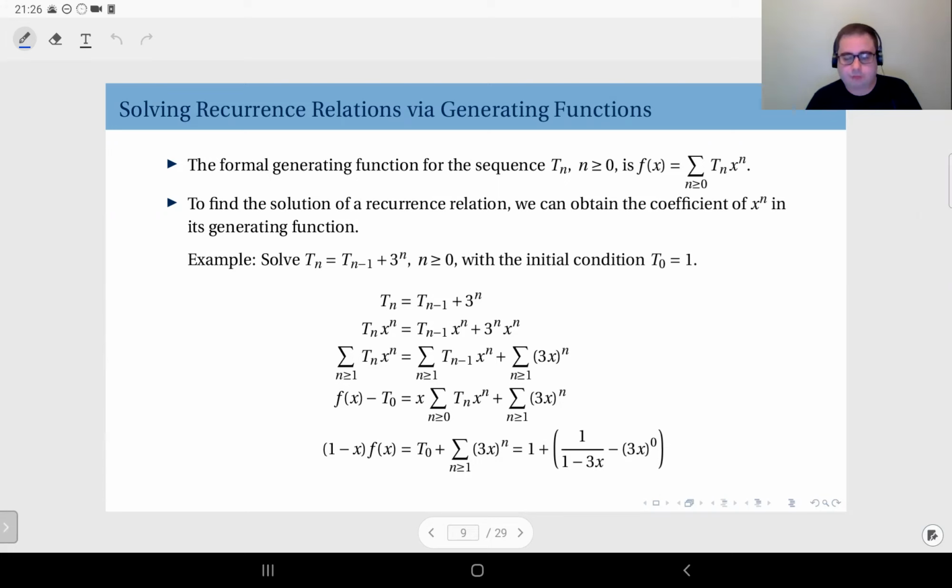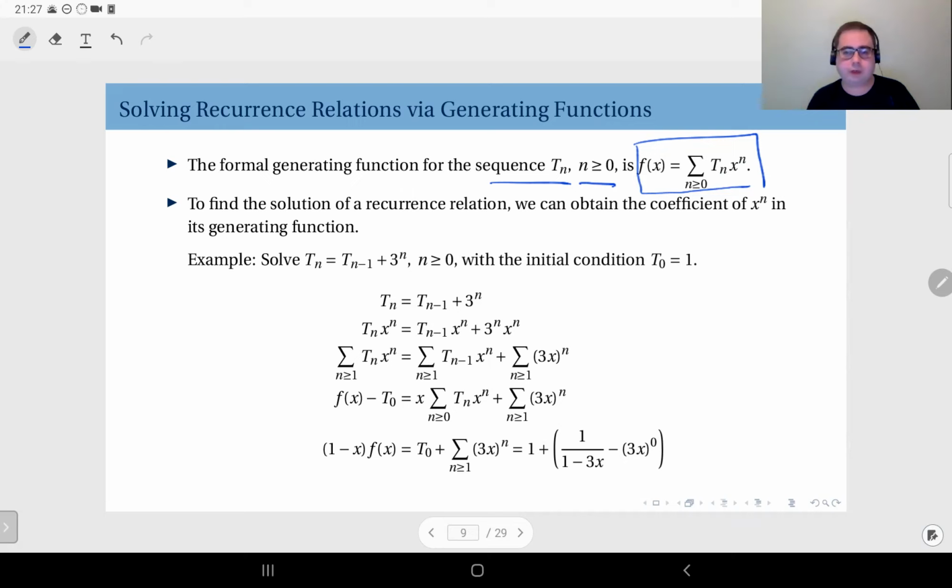So first of all, let's remember the definition of a formal generating function, and the sequence that will give rise to the generating function in this case is our t sub n for n greater than or equal to 0. So the formal generating function is defined as the sum for n greater than or equal to 0, tn times x to power n.